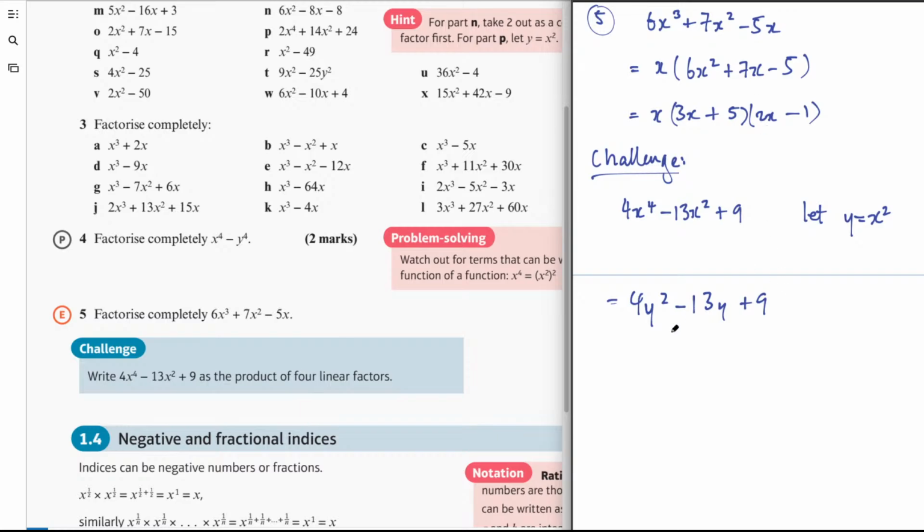Okay, so then I have this quadratic that I need to factorize. Factors of 9 and 4 that make 13. What could we do? 4 and 3 would be 12. So it's either 4 and 1 or 2 and 2.